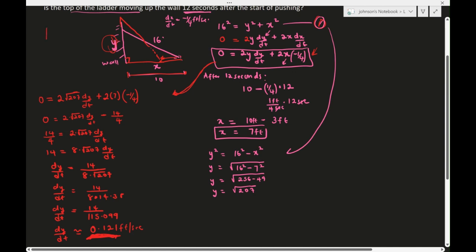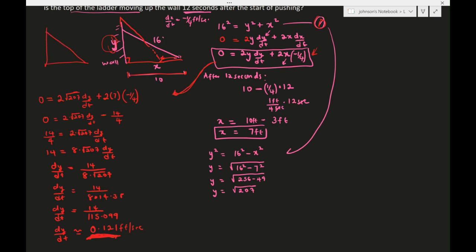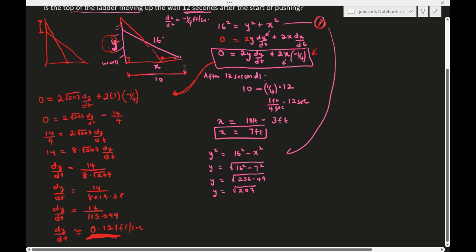And that is clear, because if you have a ladder here, by the time you push this side to here, what will happen to the top of the ladder? The top of the ladder will increase. The length of the ladder will remain fixed, but the top will move from here to here. So that is why it's positive.